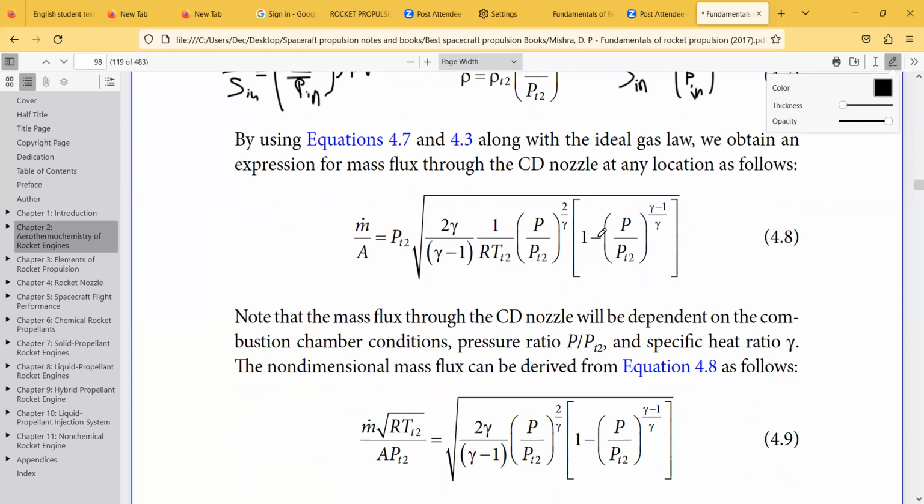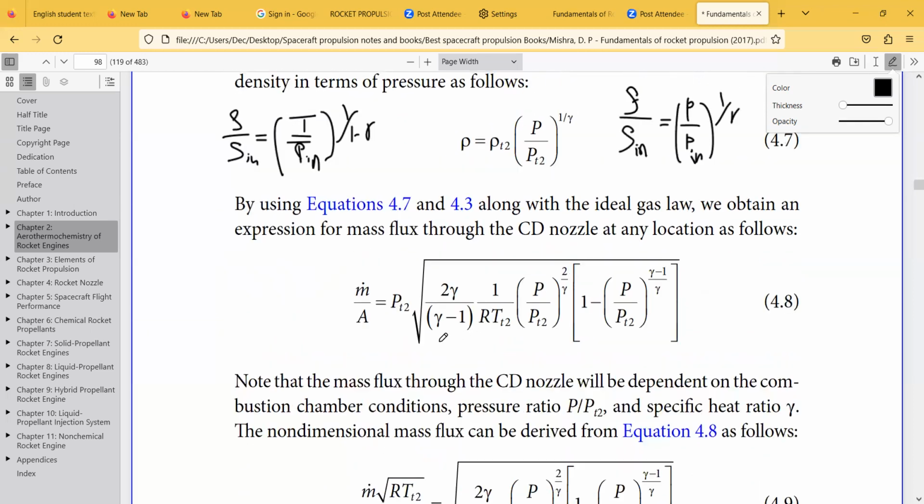So now let's consider, from this calculation, density is equal to mass flow rate divided by area, which is equal to pressure times, you are familiar with this formula. This formula is the exit velocity.